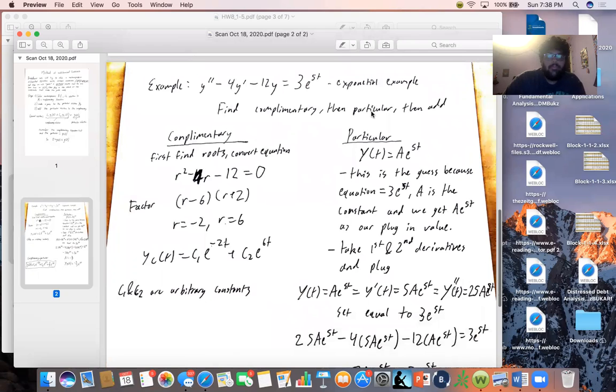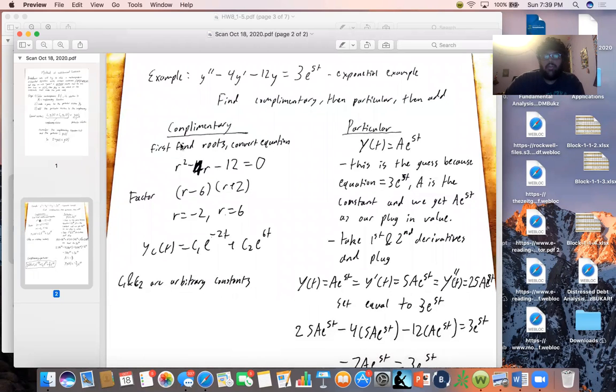So with this example, y'' - 4y' - 12y = 3e^(5t). So this is an exponential example. We're going to follow the steps: first find the complementary equation, then find the particular, and then add them.